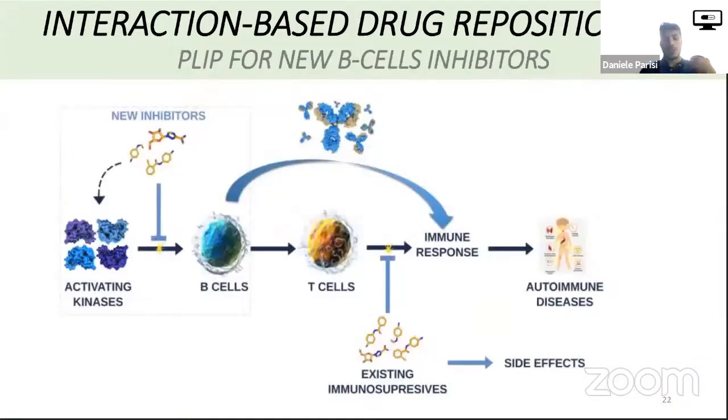We used this tool to fish among the existing drugs for new inhibitors of B-cell activation that could be used to suggest a new tool against autoimmunity, since many autoimmune diseases are carried by B-cell overactivation.